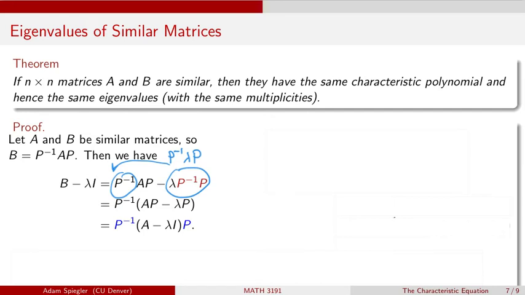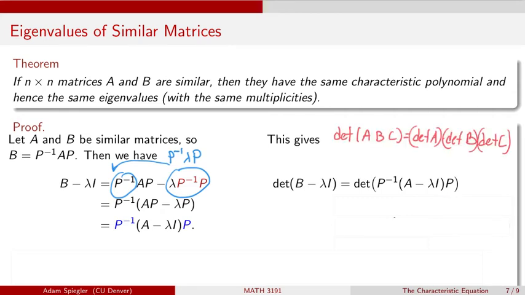And next, we're going to go ahead and find the characteristic polynomial for matrix B by taking the determinant of B minus lambda I, which we now know is equivalent to P inverse times A minus lambda I times P. So let's go ahead and take the determinant of B minus lambda I, which we now know we can rewrite as the determinant of P inverse times A minus lambda I times P. And now we can use a really nice property of determinants, namely that if we take the determinant of a product of matrices, that's equal to the product of the determinants.